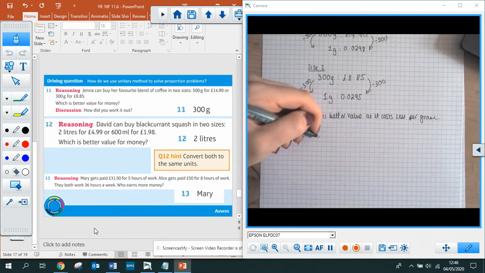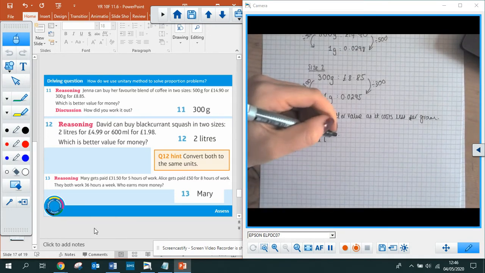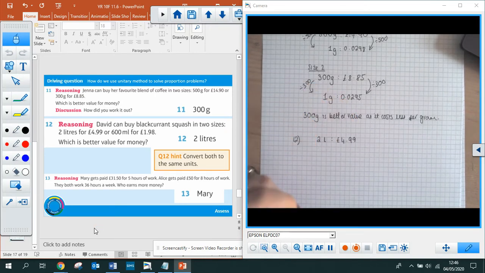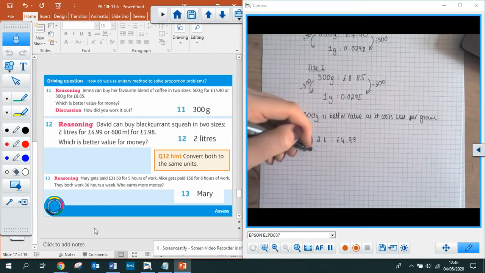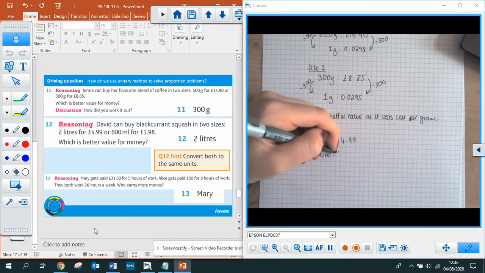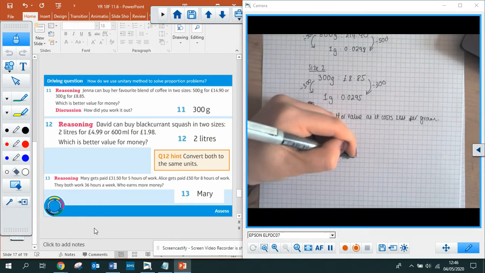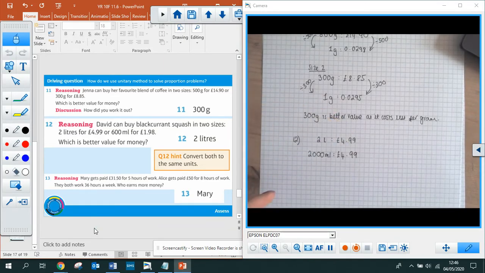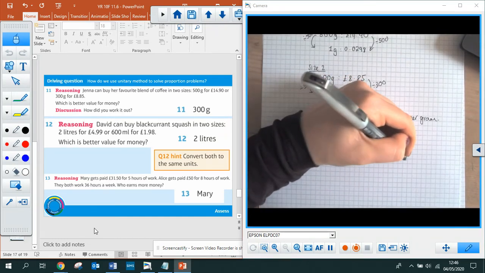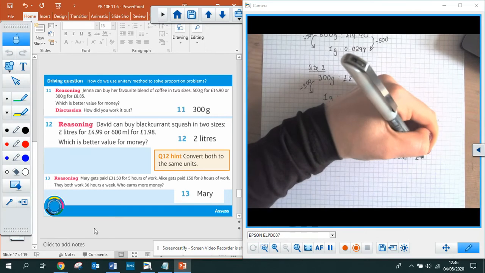Okay, so I've got 2 litres for £4.99. I'm going to convert those litres to millilitres so that they're comparable. So it's 2,000 millilitres for £4.99. Okay, that's one. The other one I have is 600 millilitres for £1.98.